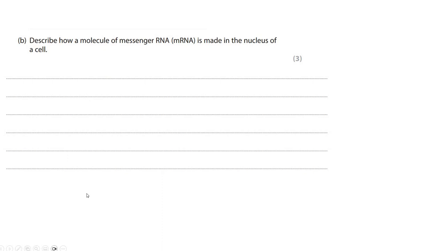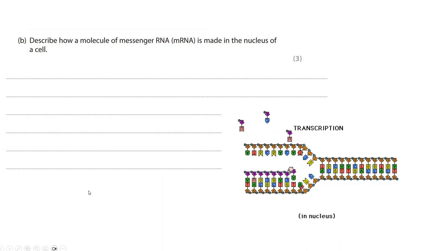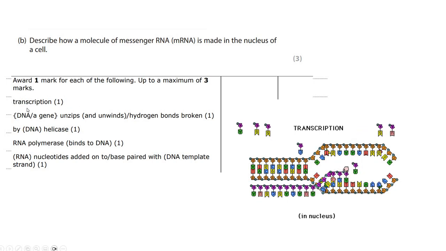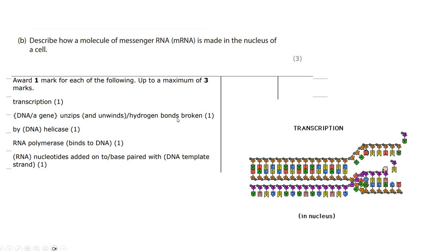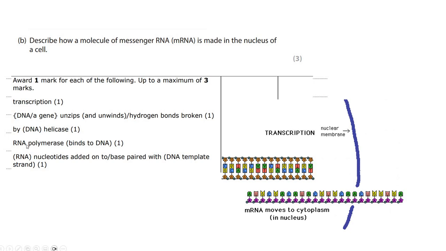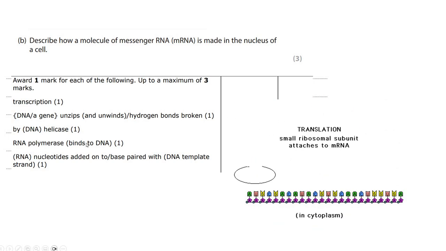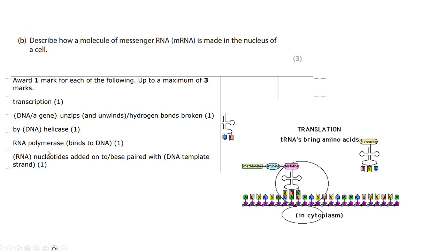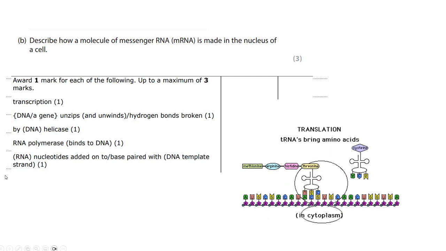Describe how a molecule of messenger RNA or mRNA is made in the nucleus of a cell. So, messenger RNA is made in the process of transcription, and this is where the DNA will unwind and the hydrogen bonds will break, and that is done by DNA helicase, and then RNA polymerase binds to the DNA, and free nucleotides are added to base pair with the DNA template strand by complementary base pairing.